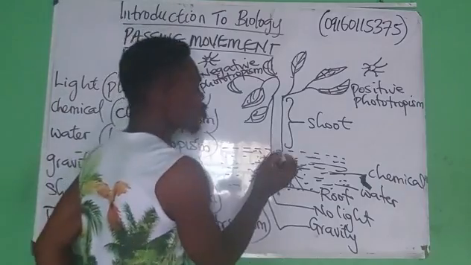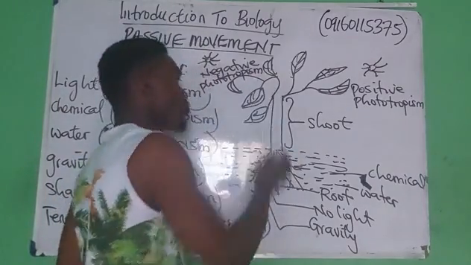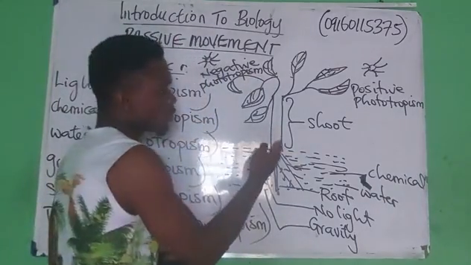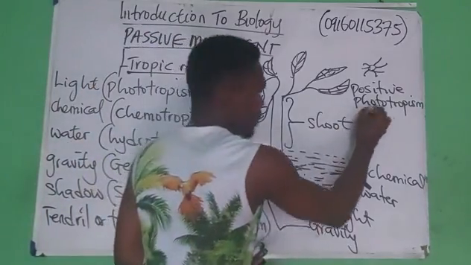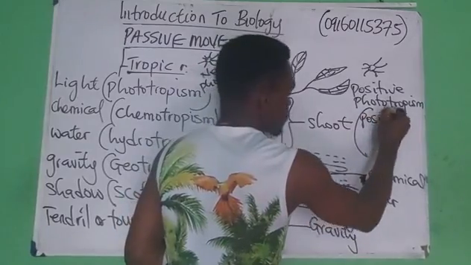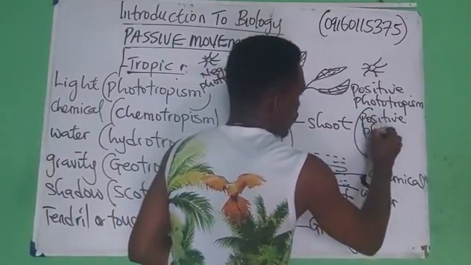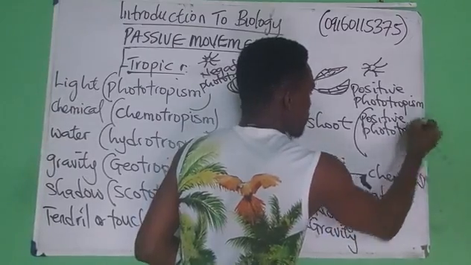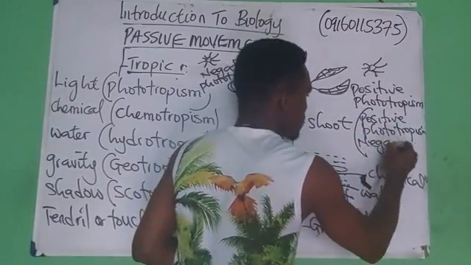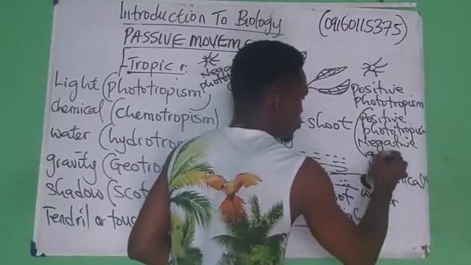Now the shoot of the plant is growing upwards. Therefore, you say it is positive phototropism and negative geotropism.